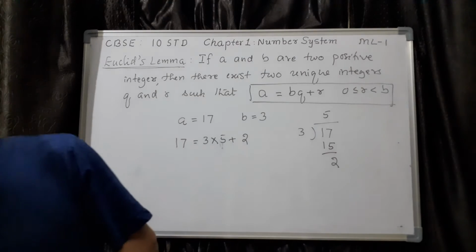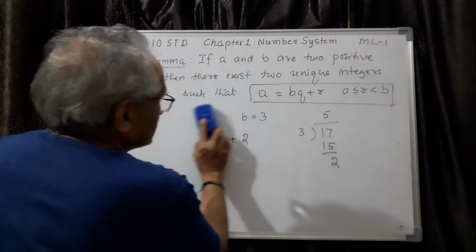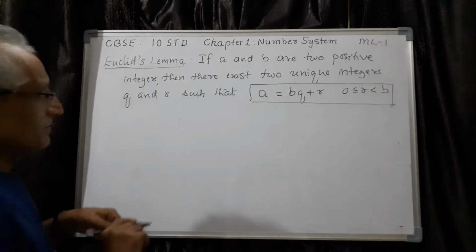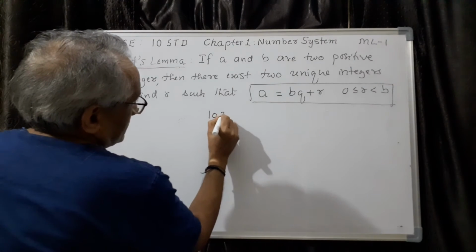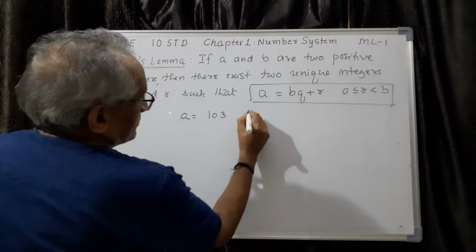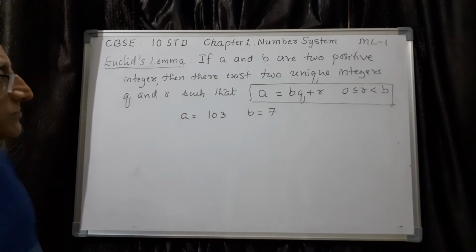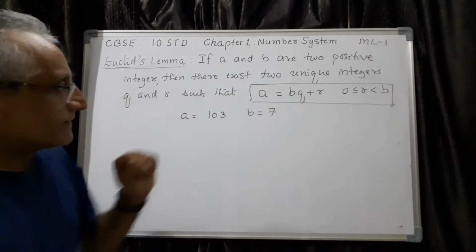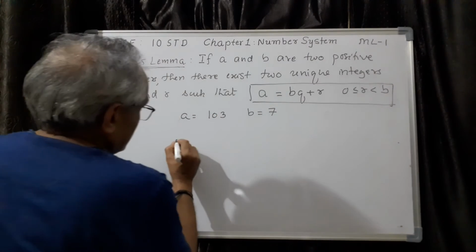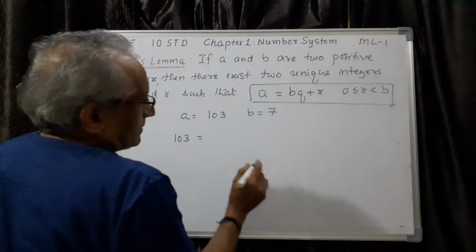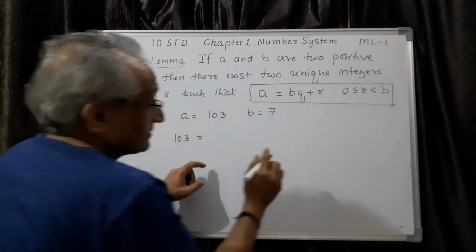Let me take a few more examples so that it is convenient. Let us take some big number, say for example A equal to 103, B equal to say 7. So let us find how to write this one now. Directly writing 103 is not easy.